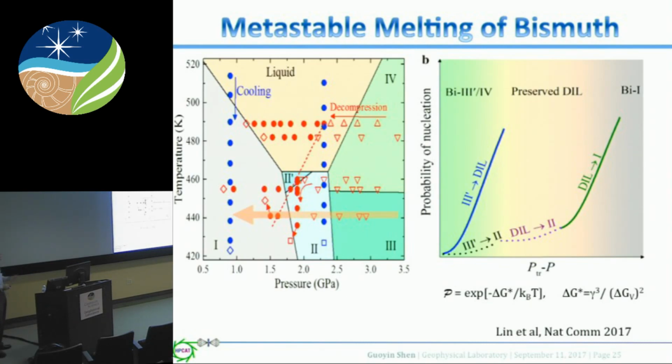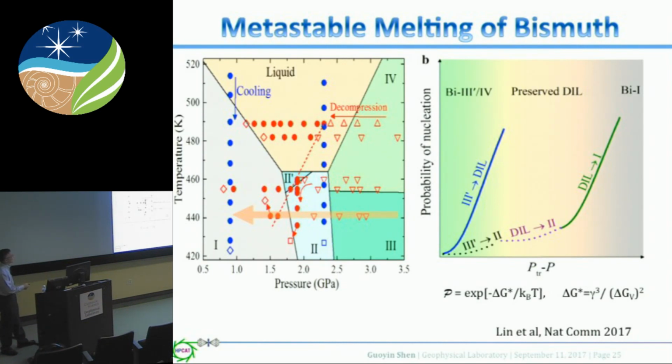The appearance of liquid reduces the interface energy a lot, and that contributes to this small delta G. And then it causes a higher probability for nucleation of this liquid phase.